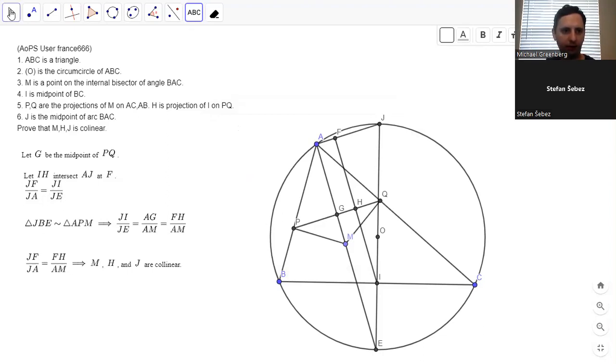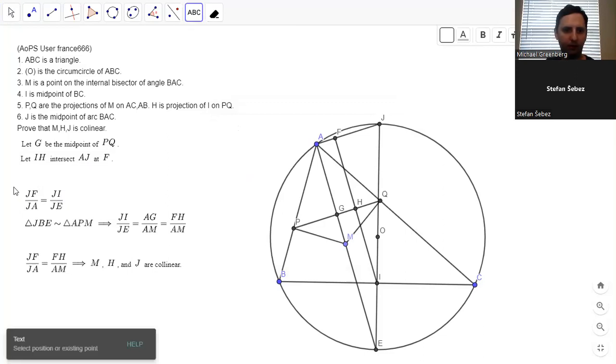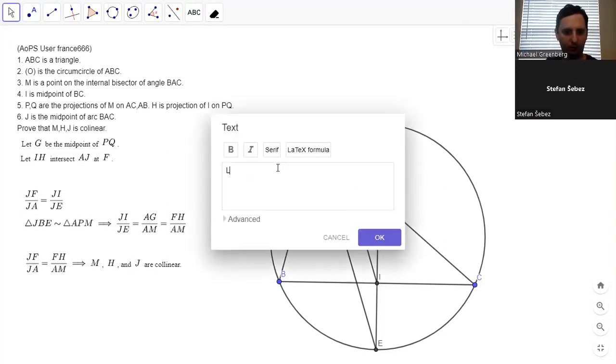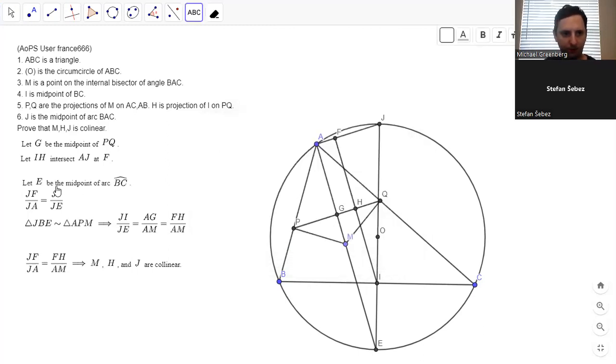That's pretty clear, so I'm just going to write that. Let E be the midpoint of arc BC. Okay, so AGHF is a rectangle.